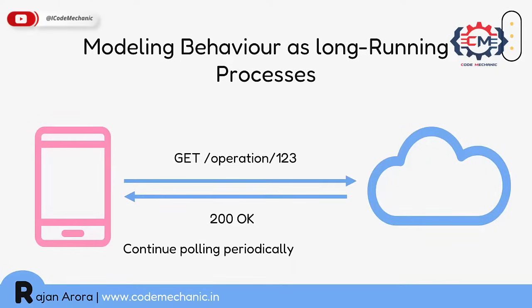Then, the client is able to poll that location to check what the state of the operation is. The server will continue to return a series of 200 OK responses while the job is not yet completed. The client may also have an option to cancel the job.